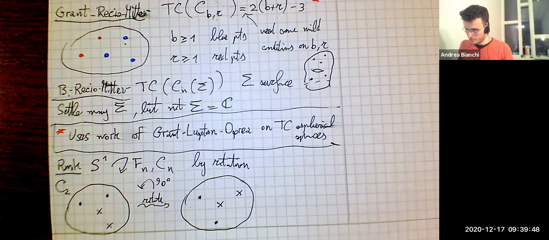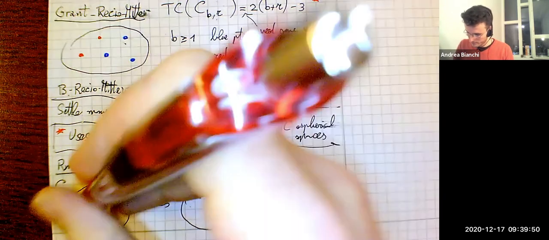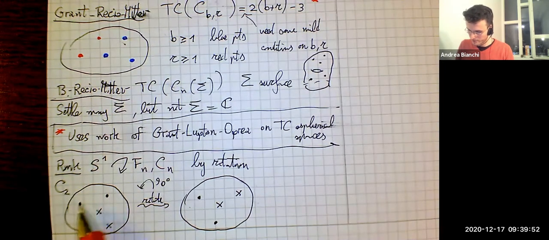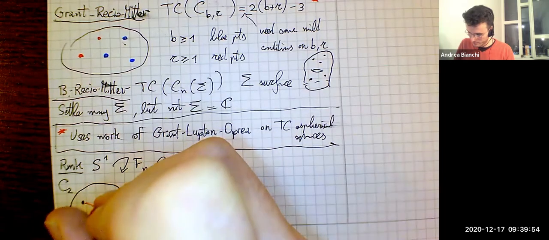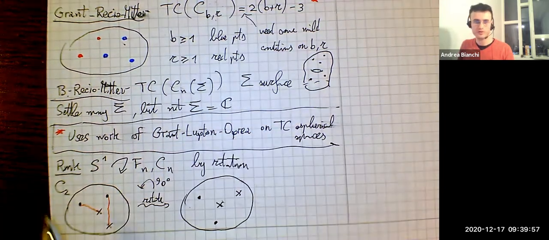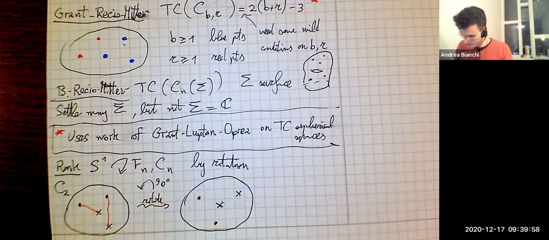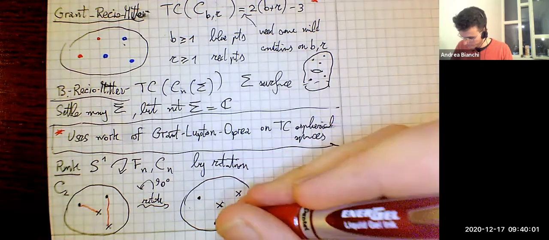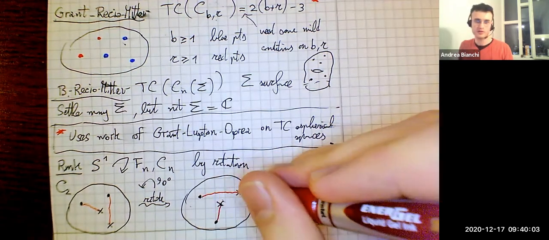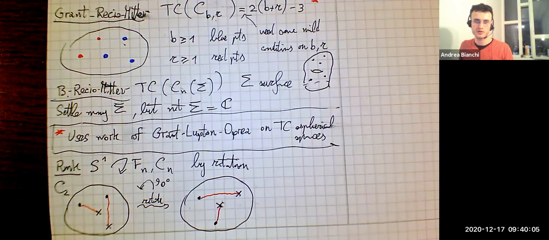And now one thing that one could wish from a motion planner is that if the motion planner prescribes this path in the configuration space to move from the first to the second, then it should also prescribe the rotated path to join these two other configurations.